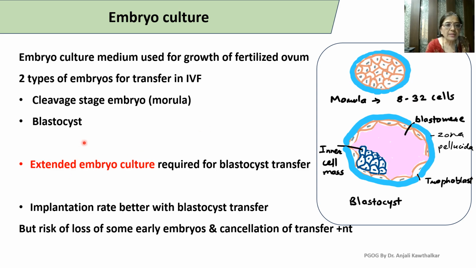Whereas the second is the blastocyst. The blastocyst has a surrounding trophoblast with the inner cell mass from which the embryo develops, and there is a blastocoel cavity. And this is the zona pellucida which is surrounding the morula as well as the blastocyst.